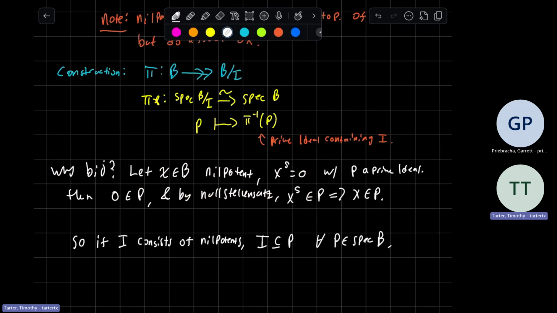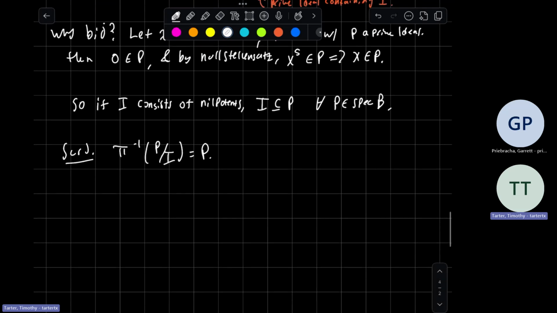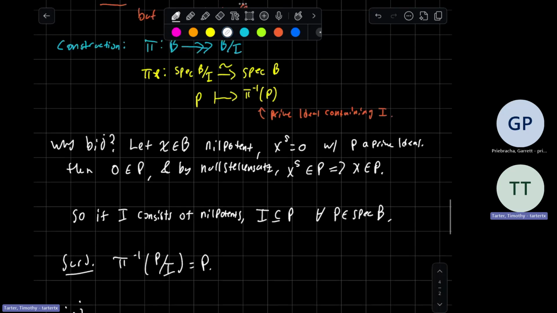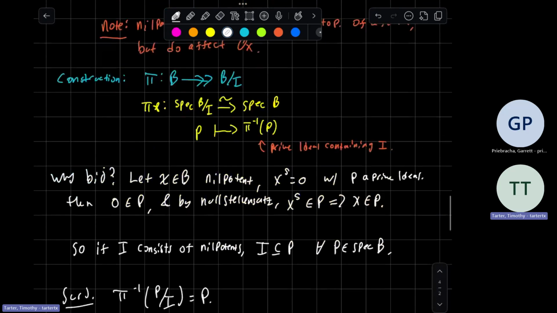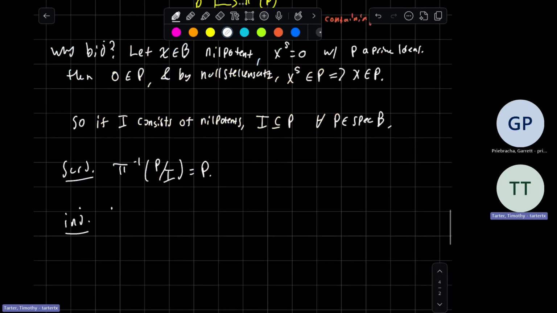And then surjectivity comes from pi inverse of P mod I is equal to P. And then injectivity. Can we just hit that with trivial kernel? Yeah, we can.